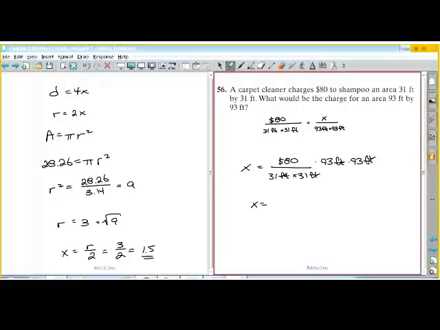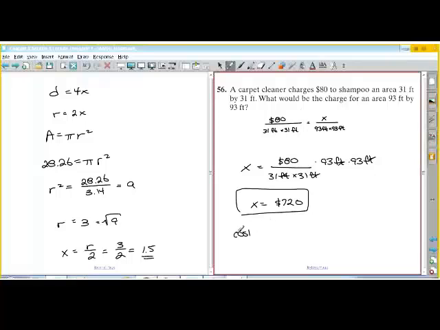So all I have to do is multiply the numbers together. You get $80 times 93 times 93 divided by 31 divided by 31, and I get $720. You can see I have dollars here, so the final answer is in dollars. That is the amount it would cost me to do a rug this size.